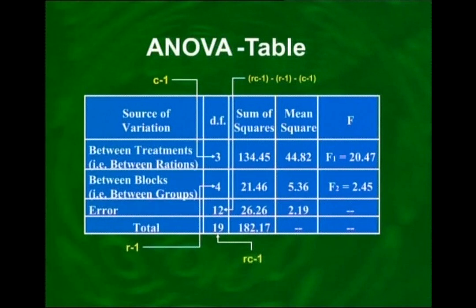And last but not least, the error degrees of freedom are obtained by subtracting the sum of 4 and 3 from 19. In other words, 19 minus 3 minus 4 gives us 12 as the error degrees of freedom.